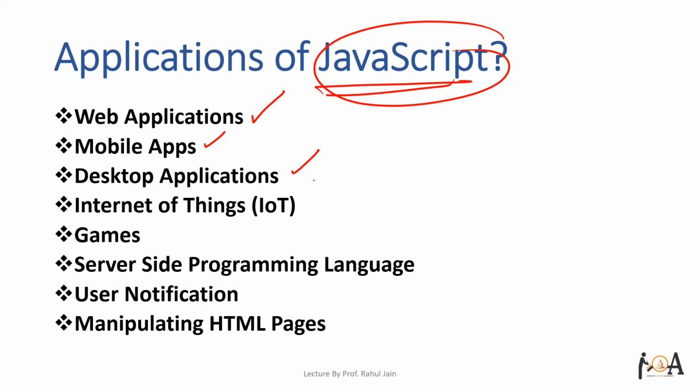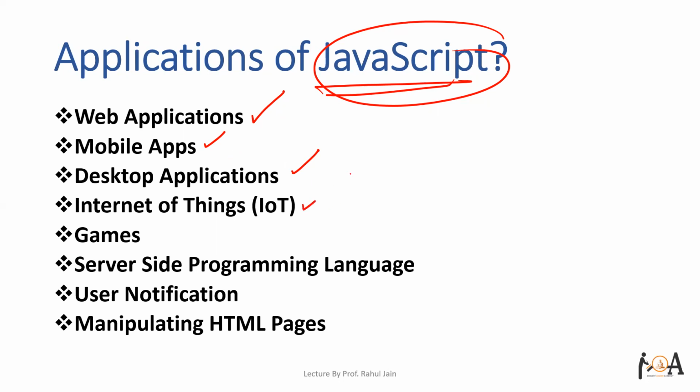I hope you know about desktop applications. Many applications run in offline mode on our PC or operating system. They are called desktop applications, right? So you can make desktop applications, like Microsoft Word, right? Like command prompt. You can develop these things with the help of JavaScript.